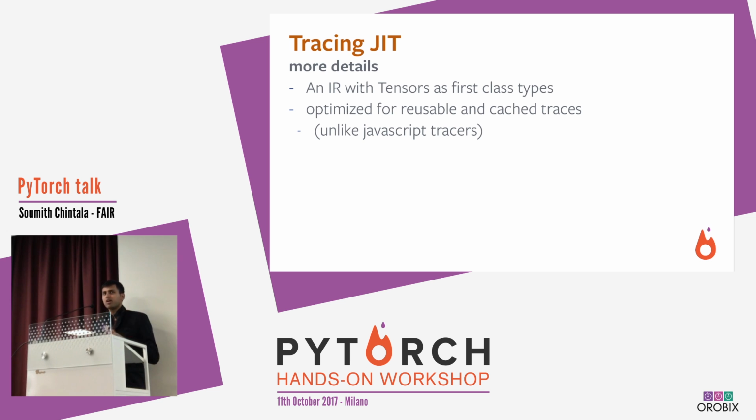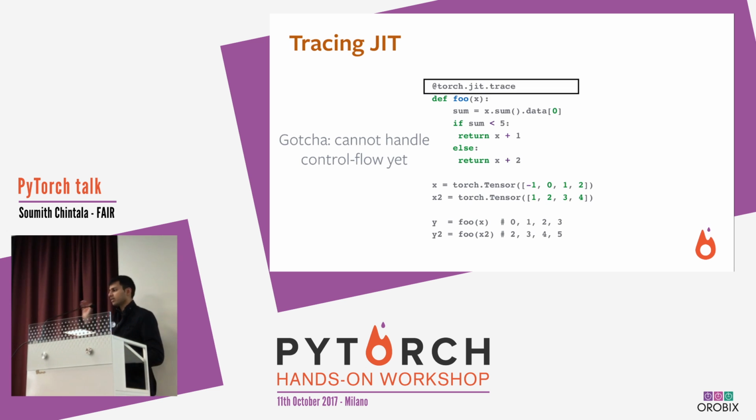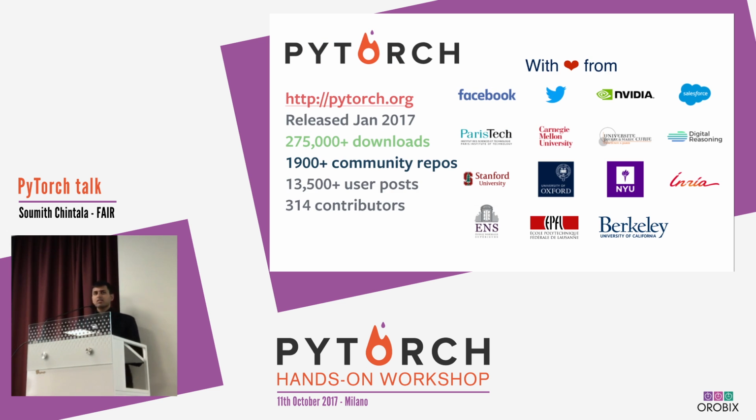One of the small gotchas at this stage is that our traces can't handle control flow. So you would only want to compile functions which don't have control flow, that don't have something like if conditions and so on.